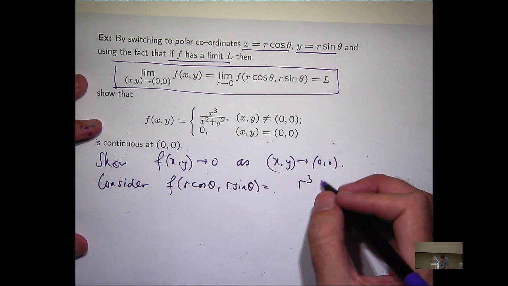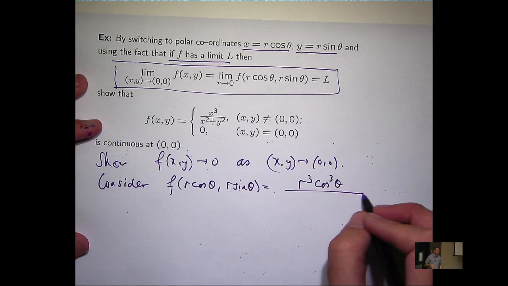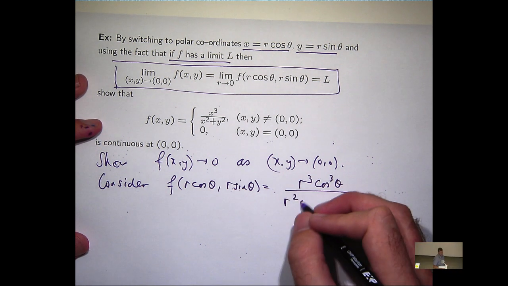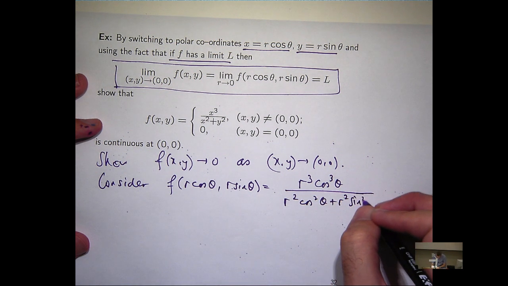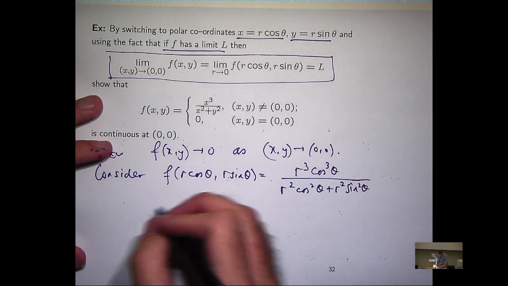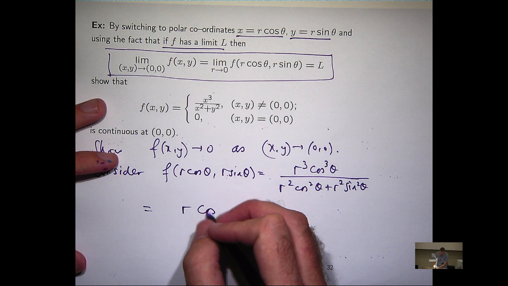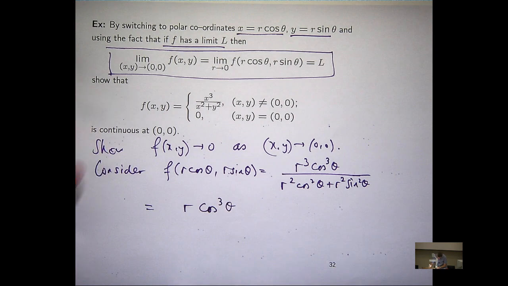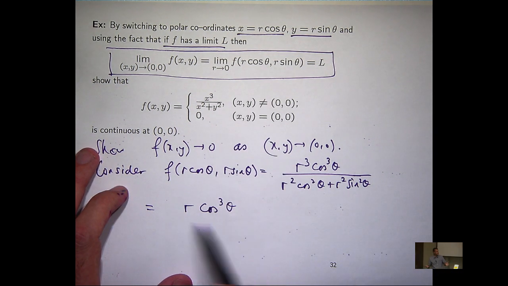So up top we're going to get this, and down the bottom we're going to get this. Now cos squared plus sine squared equals 1. I can cancel off an r squared. So I'm going to get something like this. Now, as r goes to 0, what happens to this?